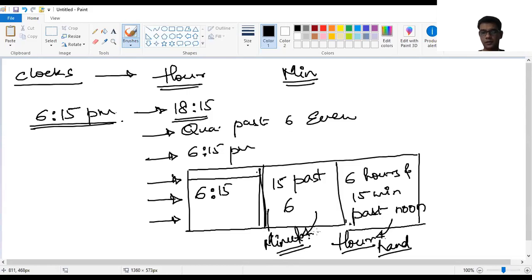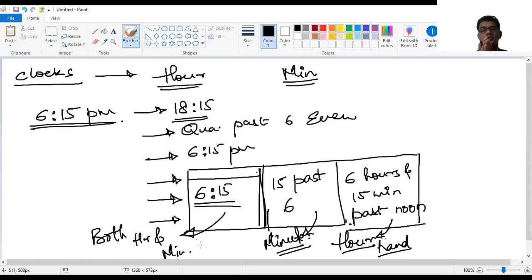But what happens when I give a time of 6:15, which we are highly comfortable with? In this case, we gave weightage to both the hour hand and the minute hand. I give weightage to the hour hand by saying it's 6 o'clock, and I give weightage to the minute hand by saying it's 15 minutes.